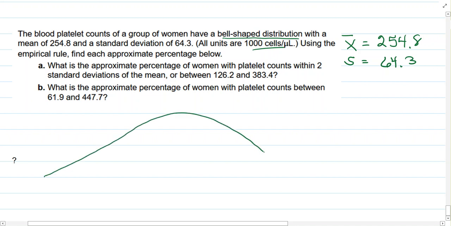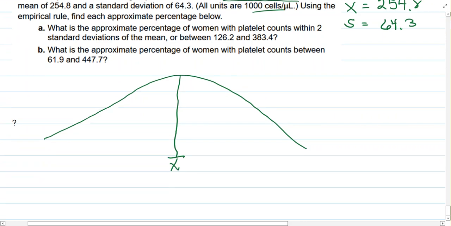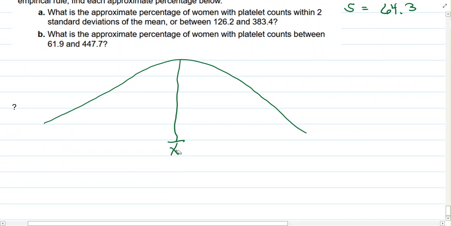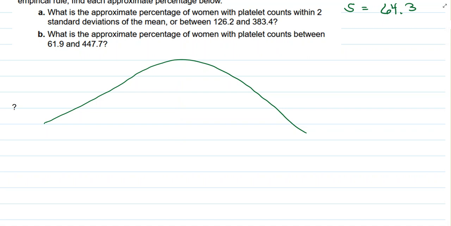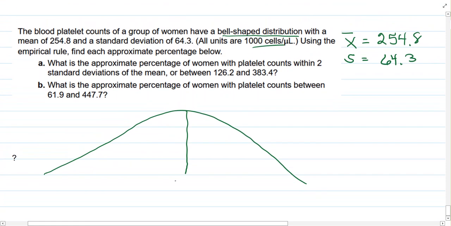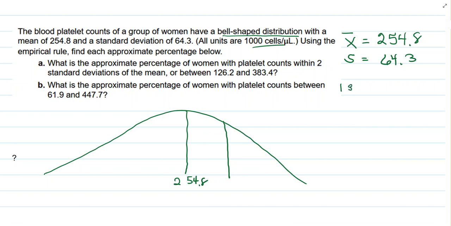We're going to mark our mean. And our mean is 254 and 8/10.